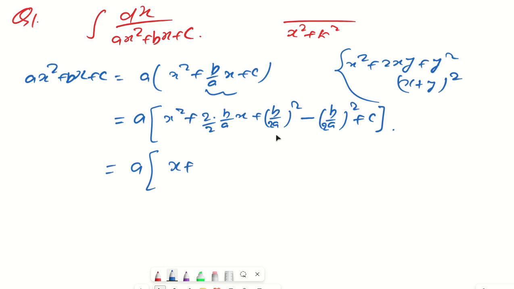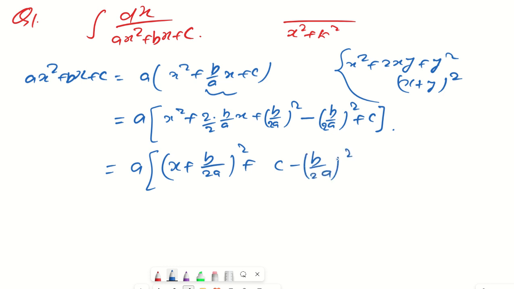Understood? We are actually trying to step in the same fashion, like 2xy we did, so the complete b will be considered as b by 2a. So (b by 2a) square should come, and then (b by 2a) square should get removed, right? So we will have (x plus b by 2a) whole square plus (c by a minus (b by 2a) whole square).